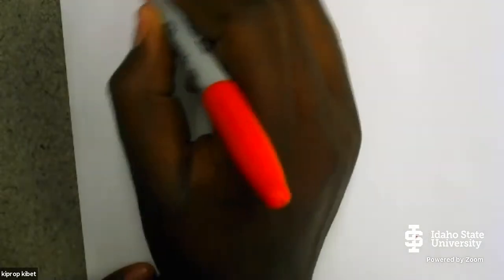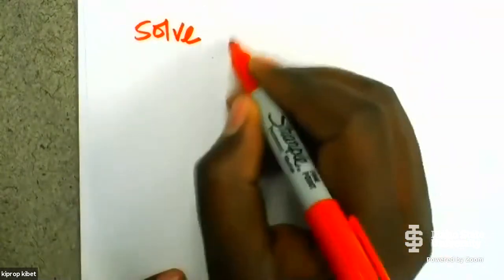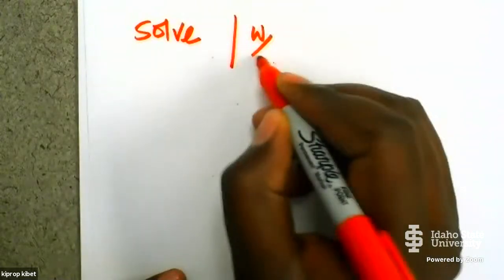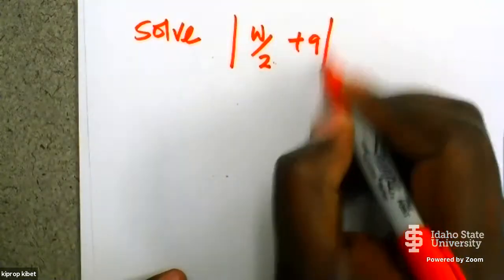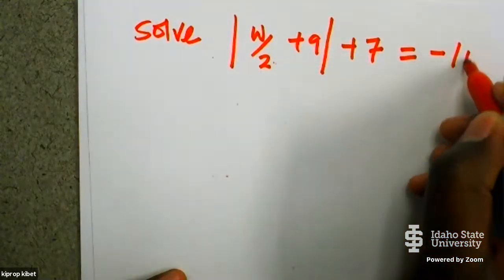Now try this one. Try to solve the absolute value of w over 2 plus 9 plus 7 equals to minus 10.